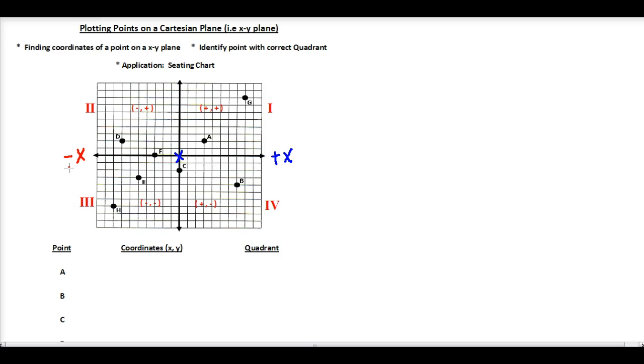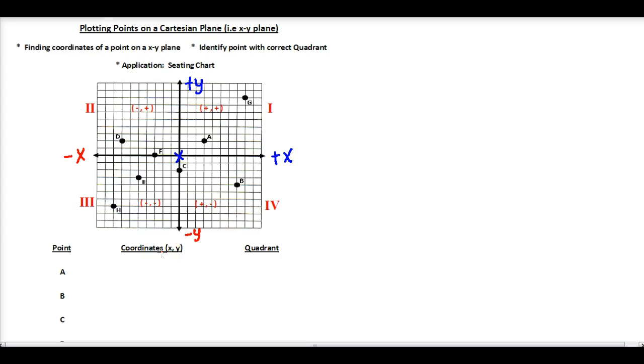As we go to the left, we're getting more negative with the X values. If we now look at the y-axis, we know that if we go up on the y-axis here, we're going in the positive y direction. And if we are going down on the y-axis, we are going in the negative y direction.